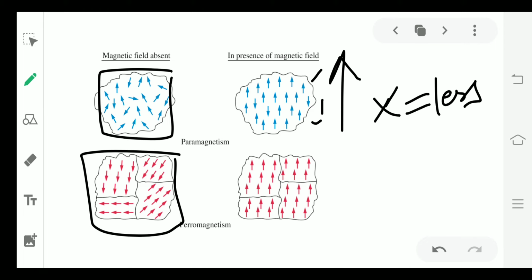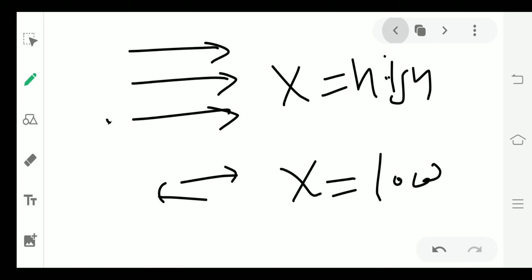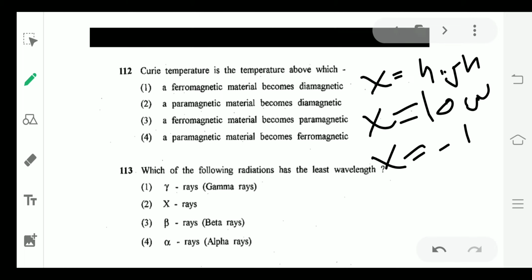In ferromagnetics, most of the magnetic dipoles align in the same direction as the magnetic field. So the answer is, a ferromagnetic material becomes paramagnetic above Curie temperature.